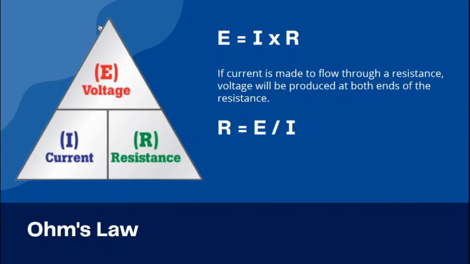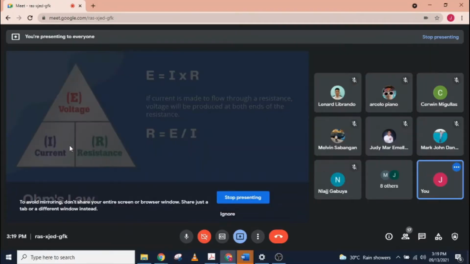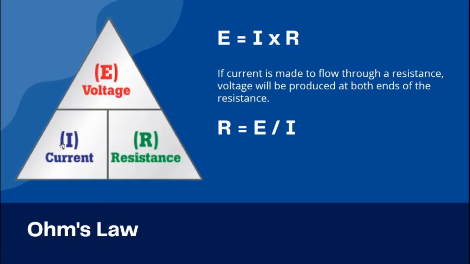For example, class, pangitaon ang current, tabunan lang nato ni mga part sa triangle. Okay, so kung tabunan nato ning I dire, this one, so ang mahabilin is E divided by R. So pag sulbon po nato ang E, this one, it will be current times resistance.